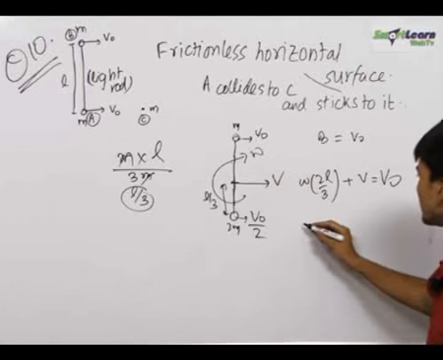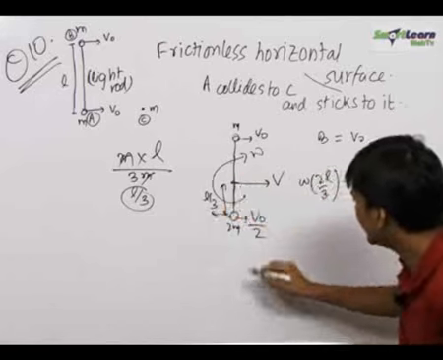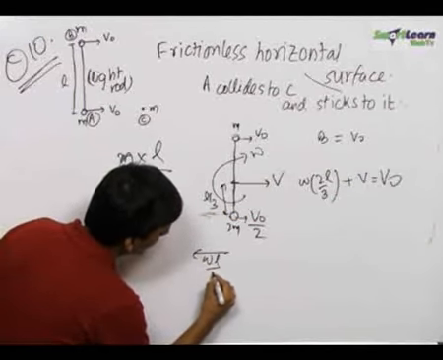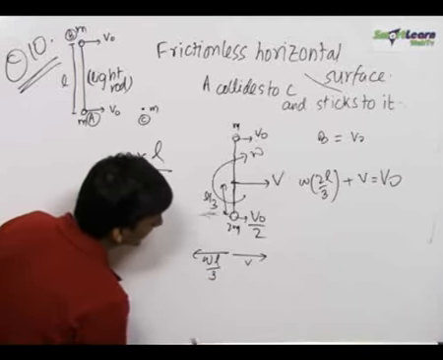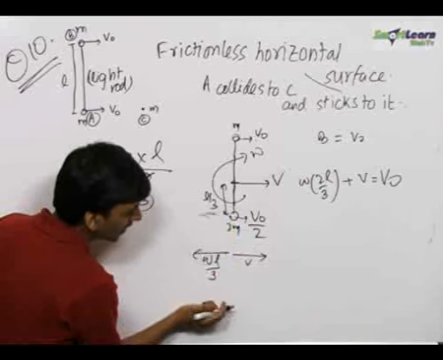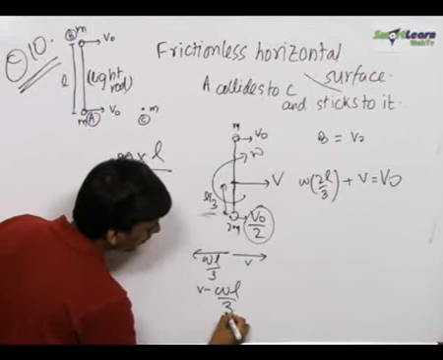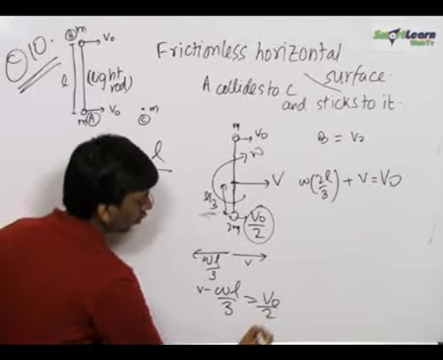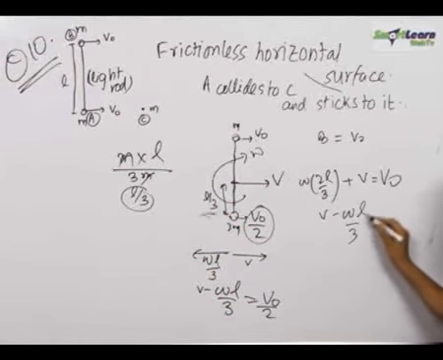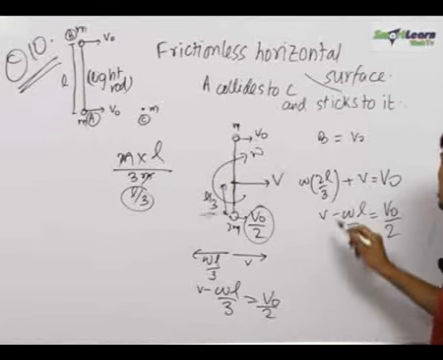The other equation is omega into L/3 this side and v added this side to give the combined velocity of this point mass, and that is equal to v0 by 2 as we know. Therefore v minus omega L/3 is equal to v0 by 2. So we have two equations and two variables, v and omega.